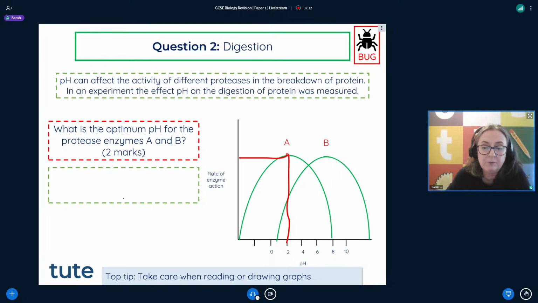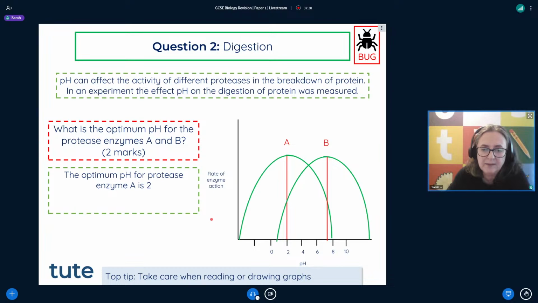And then you repeat it for B. You move across and see where it's operating best, and you draw again a line down to the axis, and it will give you the value at which that enzyme is working best. And from this data, we can tell that the optimum pH for protease enzyme A is 2. And the optimum pH for protease enzyme B is about 7.5. Okay, and you can read that data off your graph.